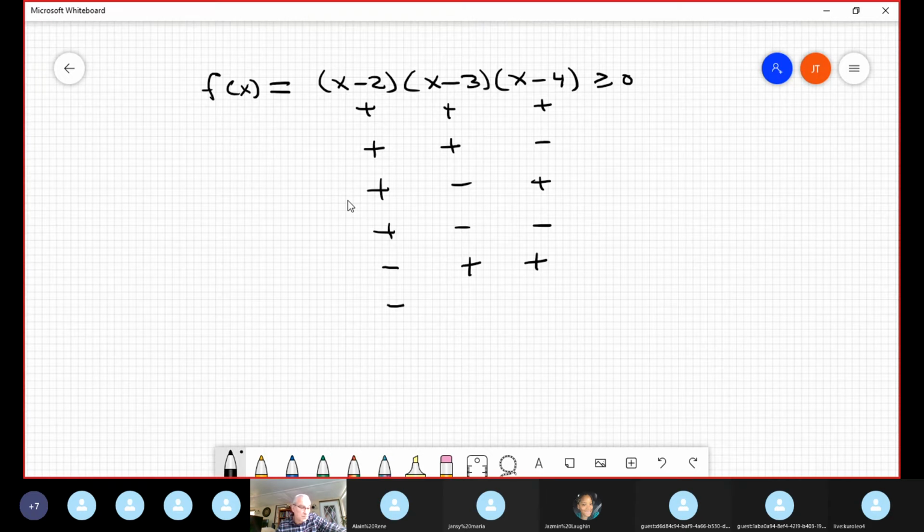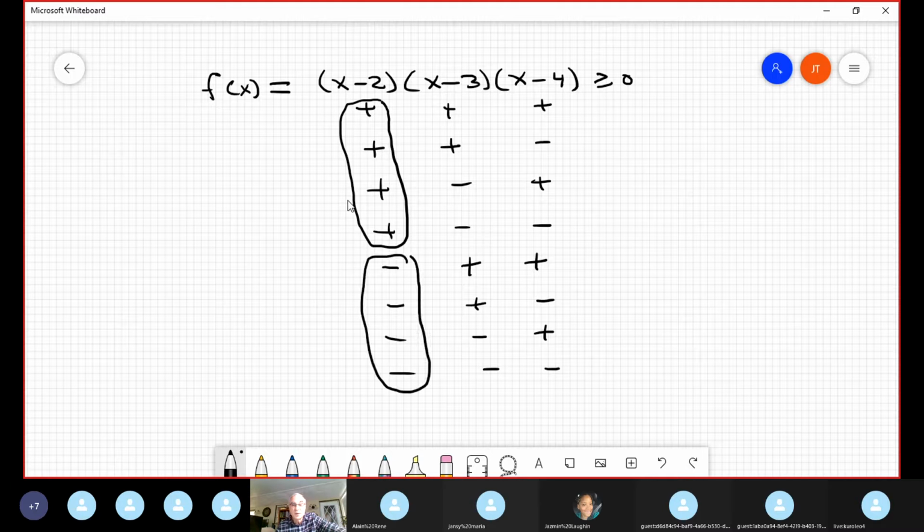Negative, positive, negative. Negative, negative, positive, and negative, negative, negative. So we start with three positives and we end with three negatives. This column is only positive for the first four, and the last four are negative.